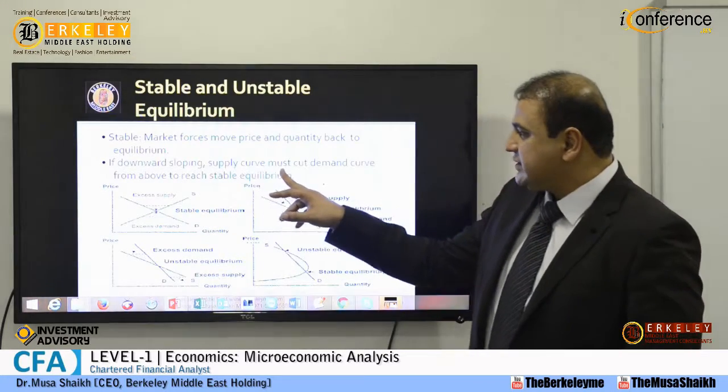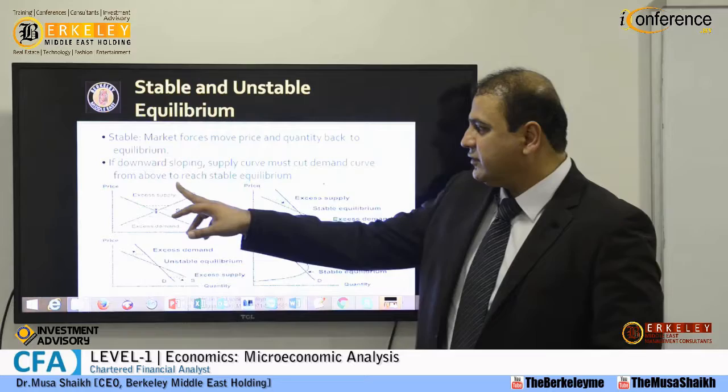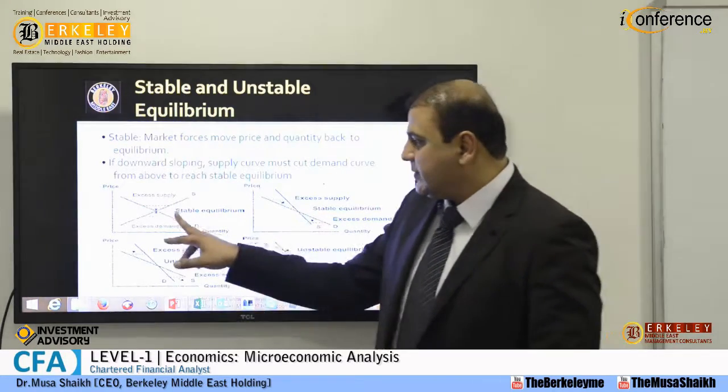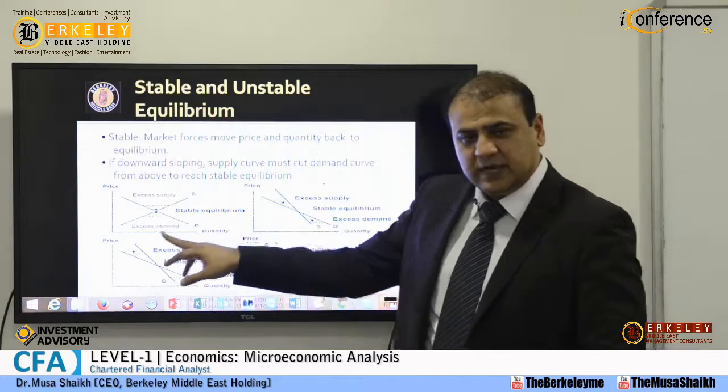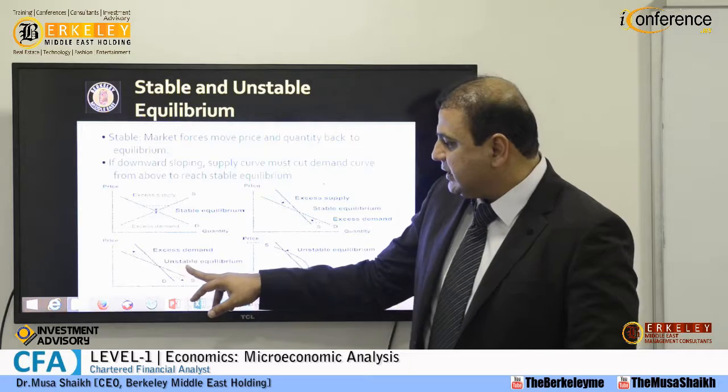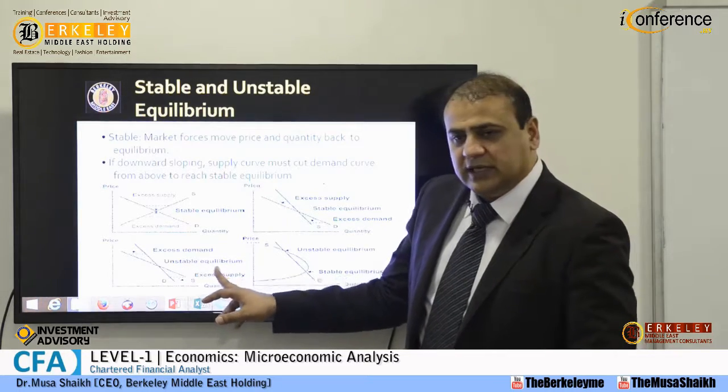If a downward sloping supply curve must cut the demand curve from above to reach stable equilibrium. In the same way, this is stable because it's the normal demand curve and supply curve. Here you can say excess demand is going to create unstable equilibrium.